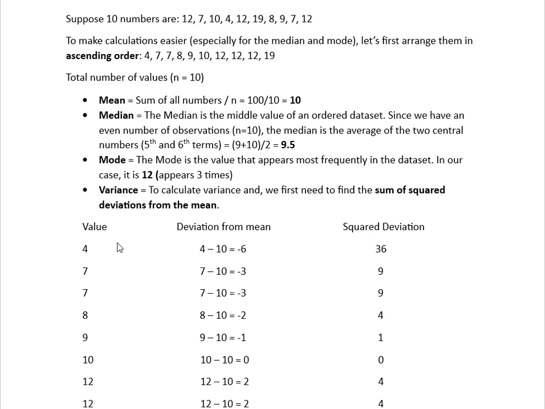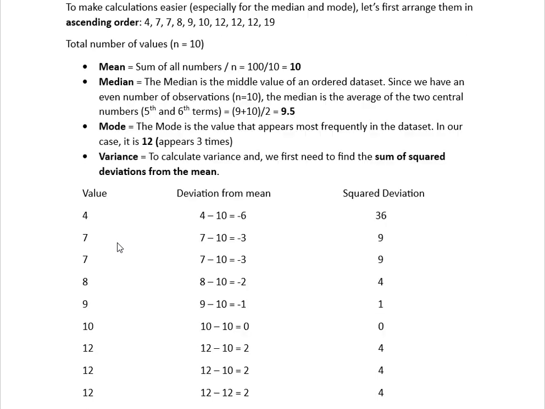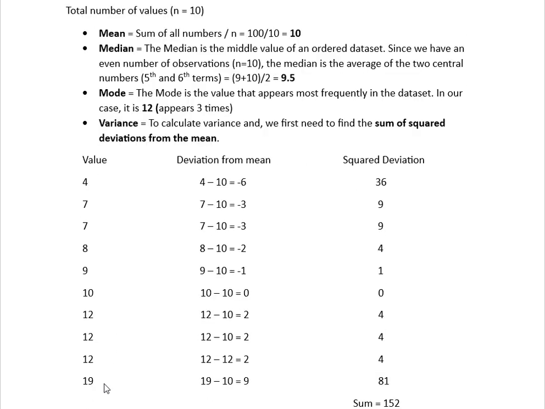And after that, I have to do the square of the deviation. So the values are 4, 7, 7, 8, 9, 10, 12, 12, 12, 19. Then 4 minus 10 is -6, 7 minus 10 is -3, 7 minus 10 is -3, 8 minus 10 is -2 and so on.